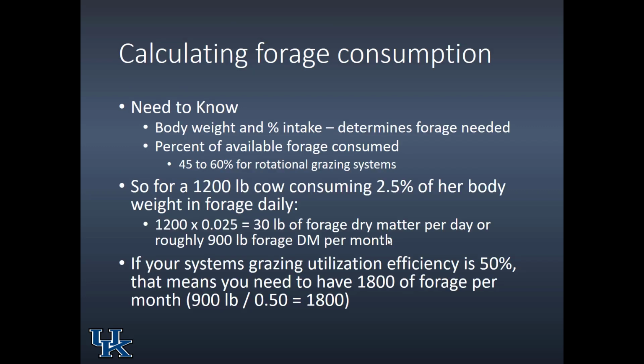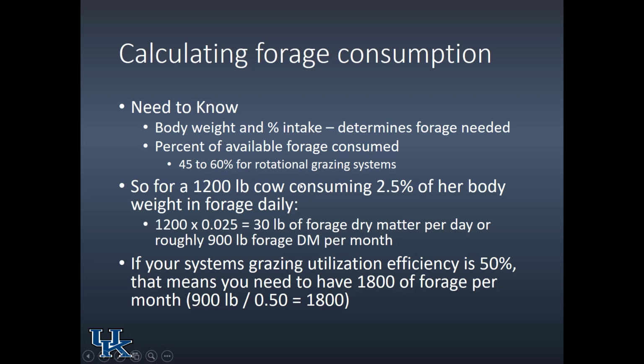Well, of course you can. You need to know the body weight and the percent intake, which determines forage needed, and you need to know the percent of the available forage consumed, in other words, the efficiency. That's going to be between 45 and 60% for rotational grazing systems.